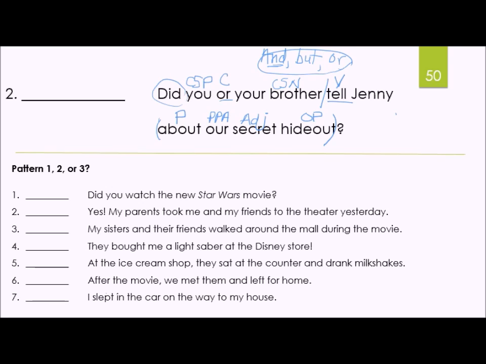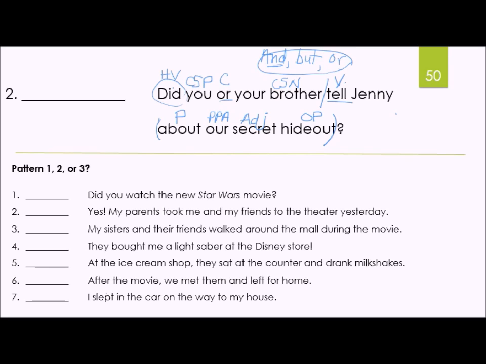If you've memorized your 23 helping verbs, you will immediately recognize that that is a helping verb, and you'll know that you have a verb phrase. Another way you can find the verb phrase is by turning the whole question around into a statement. Did you or your brother tell Jenny about our secret hideout? And then switch it around to a statement: You or your brother did tell Jenny about our secret hideout. Does that make sense? So did tell is your verb phrase. You've got your helping verb did and your main verb tell.